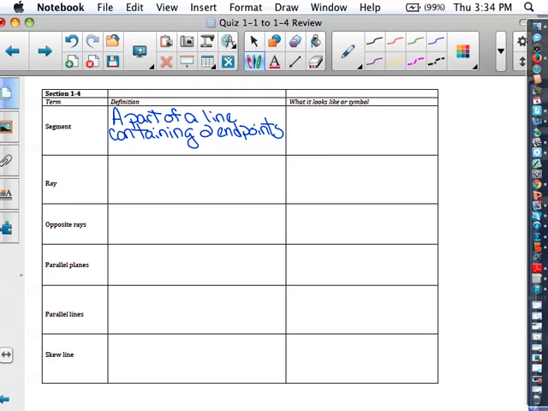Okay, so the notation is very similar to a line, only this time I have this segment AB, which stops.